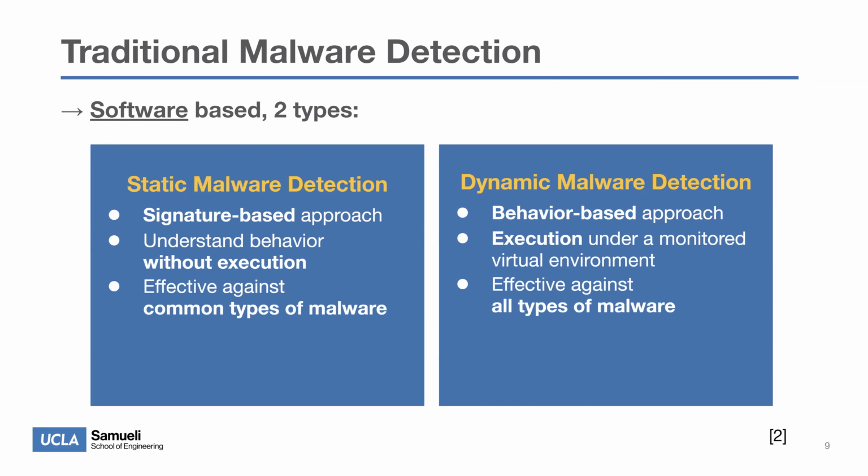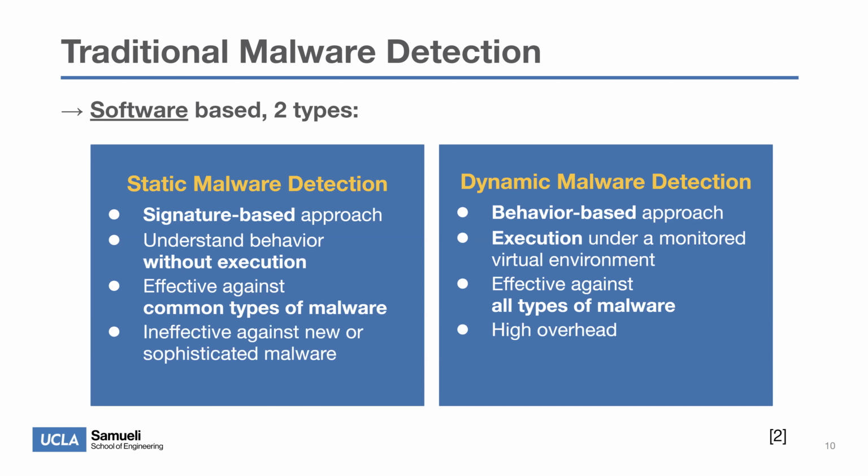Since static malware detection scans for signatures but doesn't actually execute the code, different patterns are used to scan for these signatures, so they are effective against known malware. On the other hand, dynamic detection involves a more thorough analysis, so it gains a better understanding of the malware and can work with all types of malware.